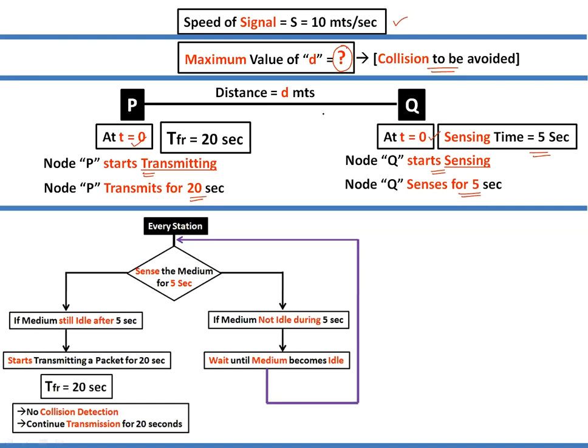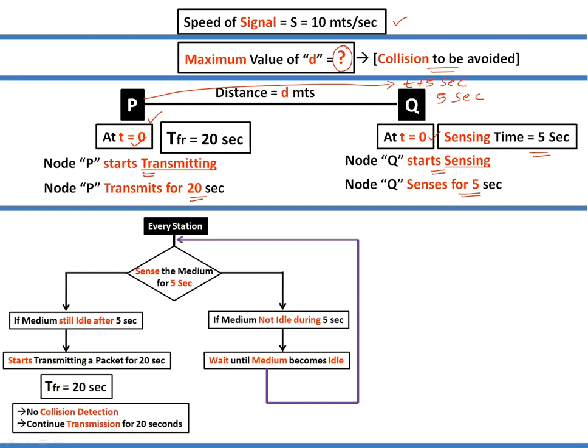Simple, guys. You are sensing, anyhow you will be sensing for 5 seconds. At t equal to 0, I started. So you will sense until t plus 5 seconds. By that time, if you get my voice, then you won't speak, yes or no?